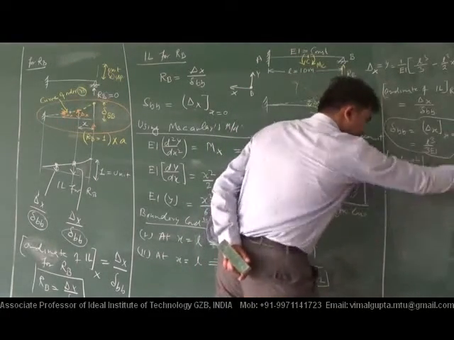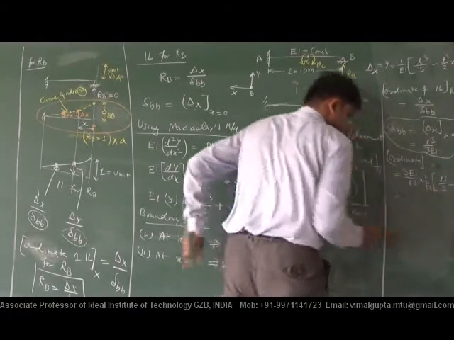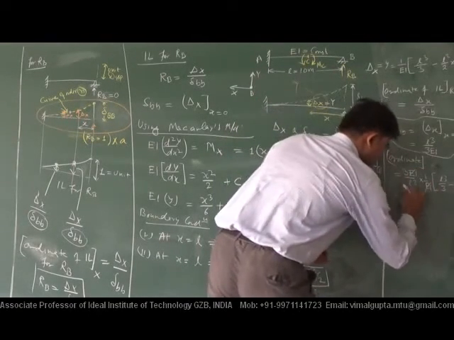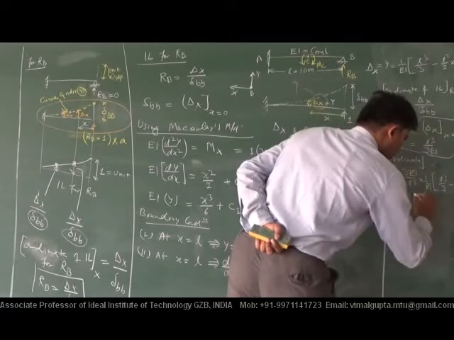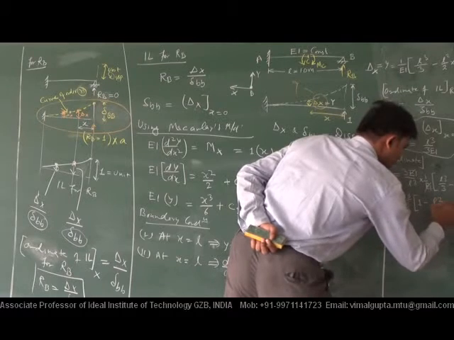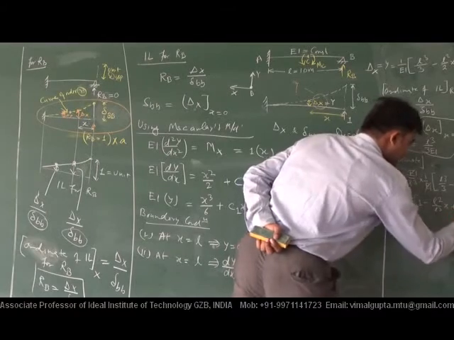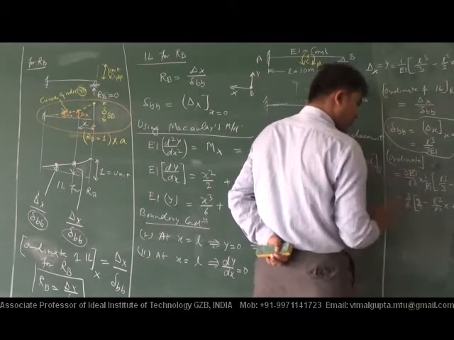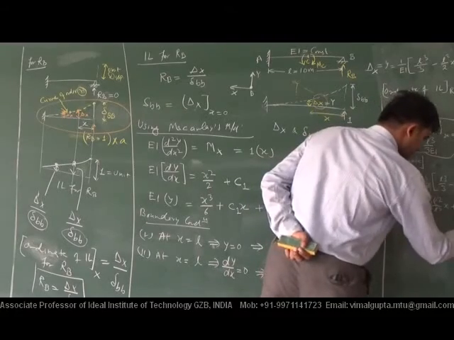Therefore take L cube to the other side, this one cancelled out, and 3 by 6. So it will be L cube means 1 minus L square by L cube into x plus x cube by L cube over 6.